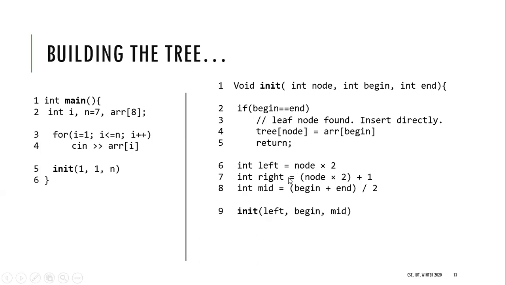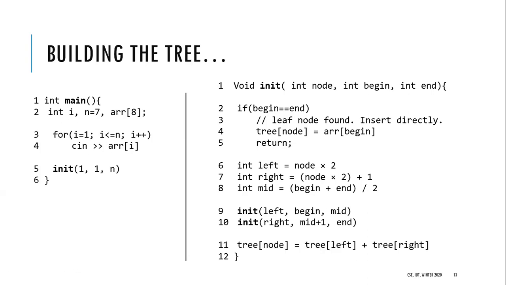Then I will call the initializing function based on my left subtree and right subtree. And finally, in the node position, the values of the left and right will be added. If this is not clear, let me move on to some demonstration. I think the idea will be clear.